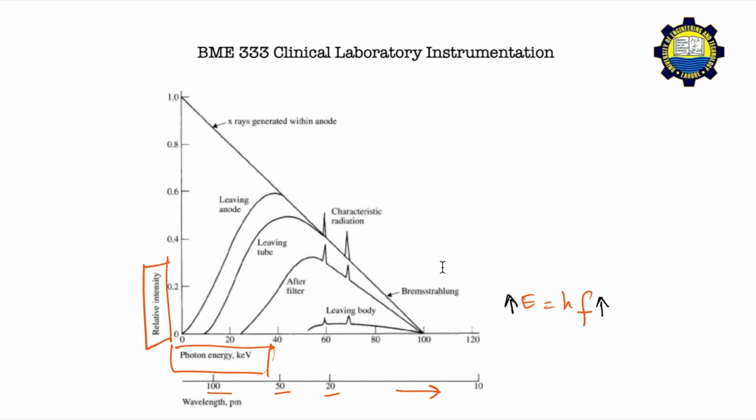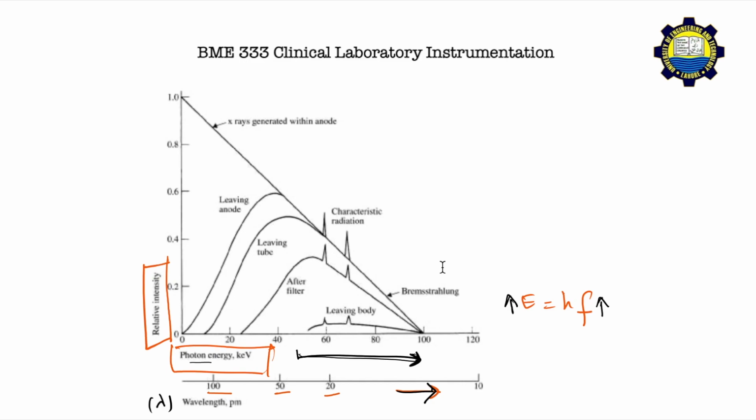So that means that towards the low wavelength areas you would notice high energy photons. And it's consistent because we're talking about photon energy. So it's this region we're interested in, the high energy photons. Before we get to the aluminum filter, let's look at the leaving anode.